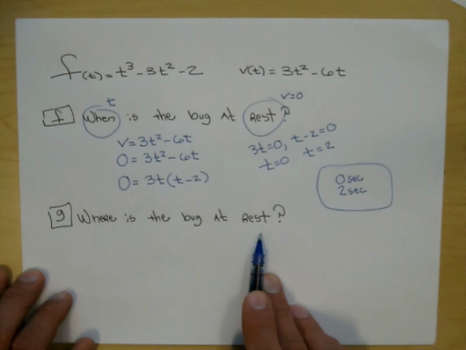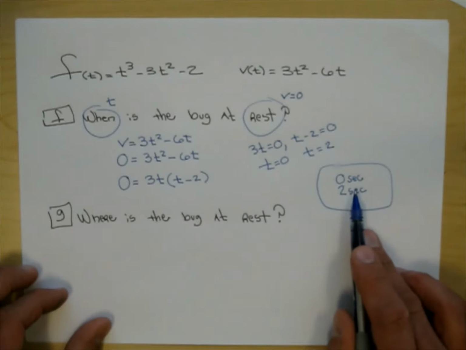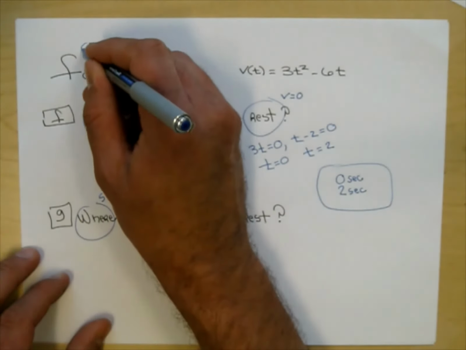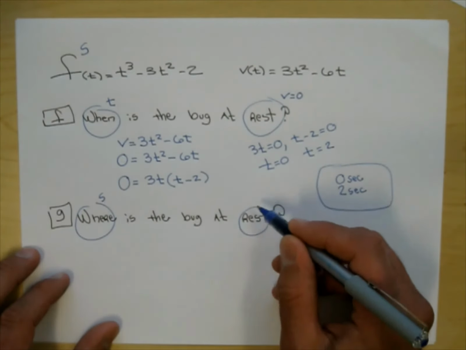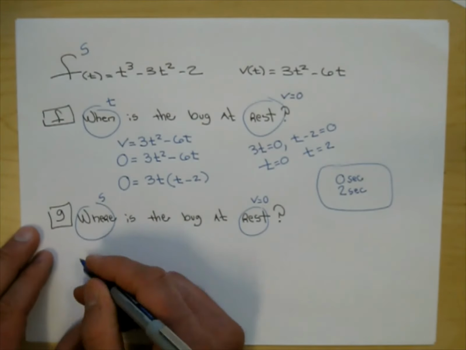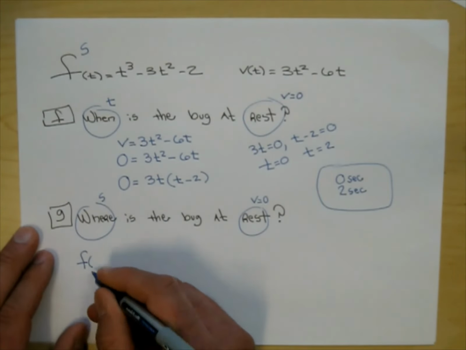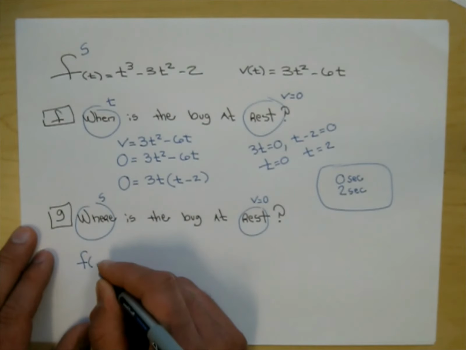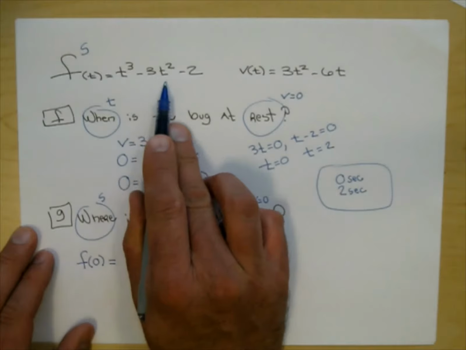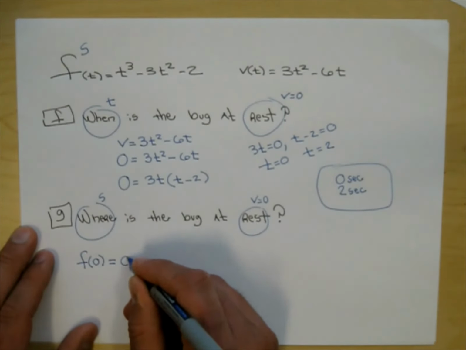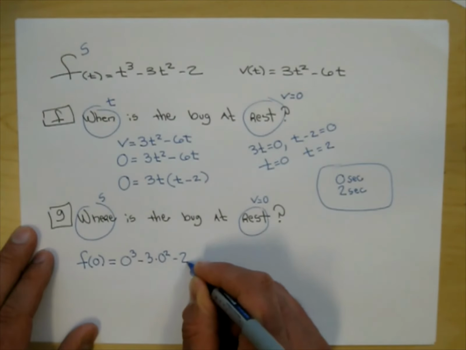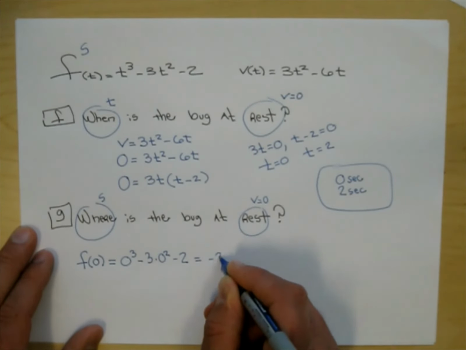Where is the bug at rest? So we're supposed to put these times into the position, that's S, and rest is velocity 0. We already found the times, 0 and 2. So we have to find F of 0 and F of 2. F of 0 is 0 cubed minus 3 times 0 squared minus 2, so this gives me negative 2.